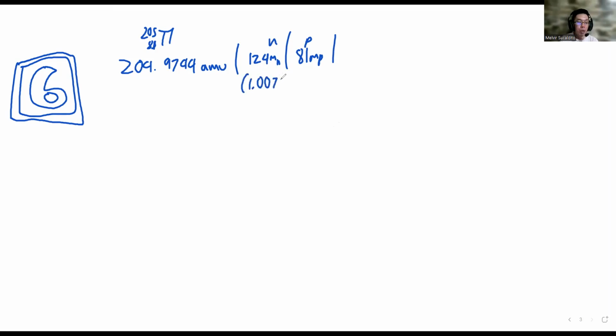Then for neutron, 1.008665. That's neutron. You reversed them. Correct.